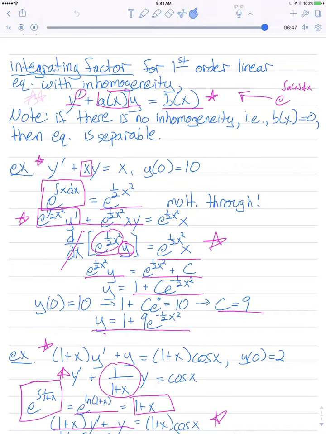Multiply it through by that factor, apply the product rule in reverse, anti-differentiate each side, and you'll get the answer, right? So every step that we applied to these specific examples of solving differential equations with an integrating factor, you can apply to this general problem up here, and that's how you see that this method works. All right, thanks for listening.